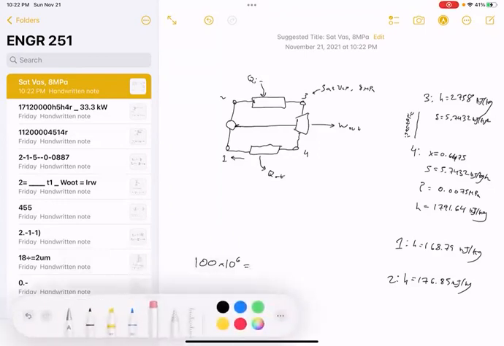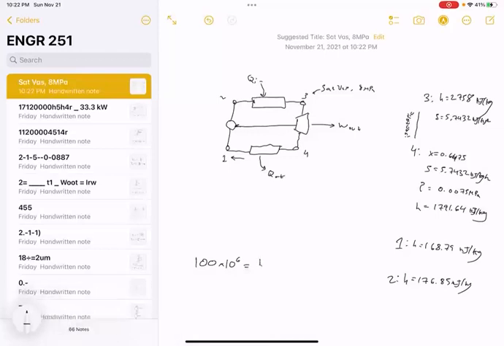So 100 times 10 to the 6 is m dot times H3 minus H4, the work we get out of the turbine, minus the work that goes to the pump, which is H2 minus H1.